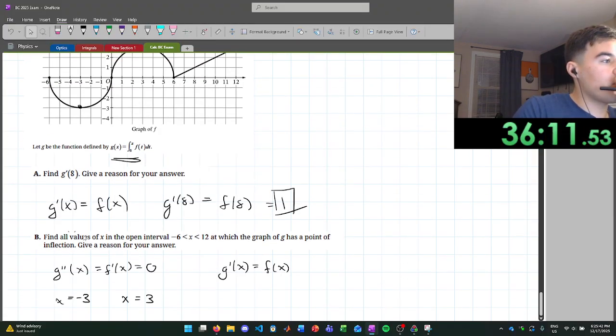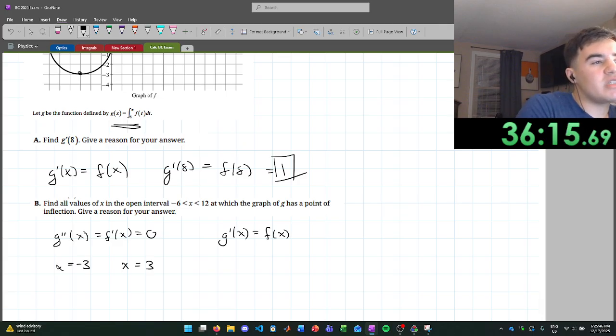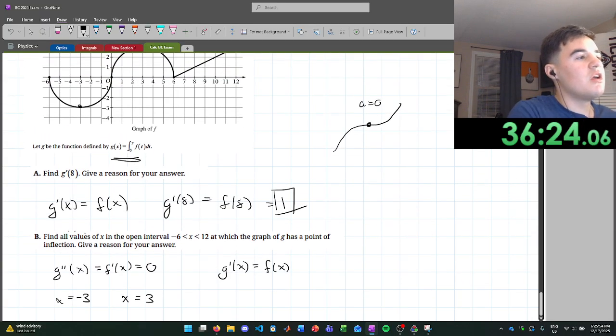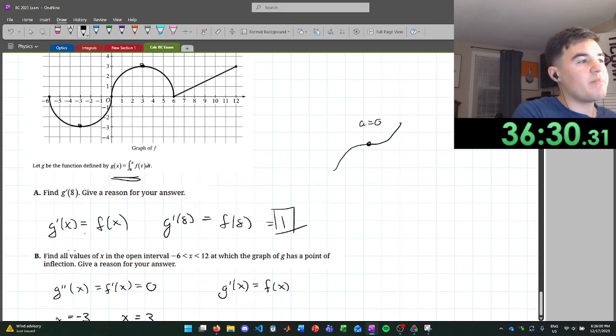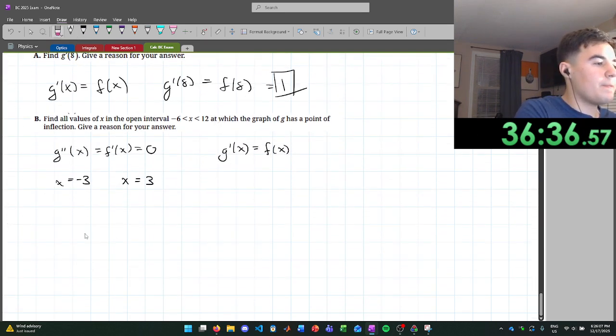Double prime, I think I'm mistaken actually. The point of inflection is something that looks kind of like this, right? So the acceleration equals 0, and the acceleration switches signs. We can see here that the acceleration, which is the second derivative, the slope of this line, switches from negative to positive here, and from positive to negative here. So I think those are good points then. Yeah, let's pick these two.